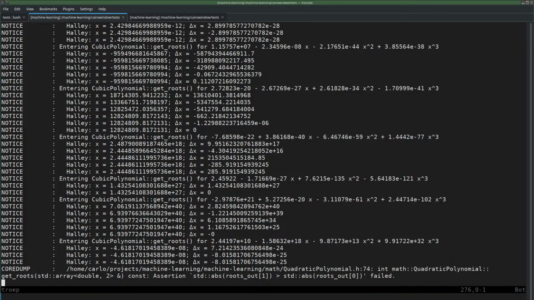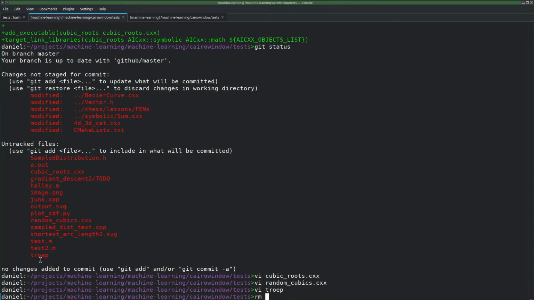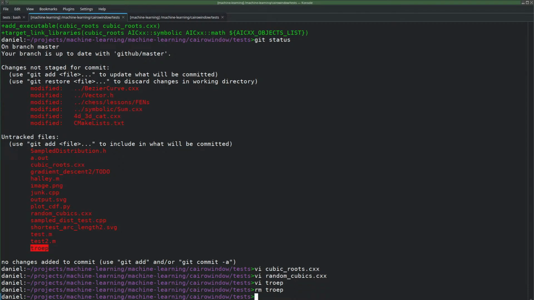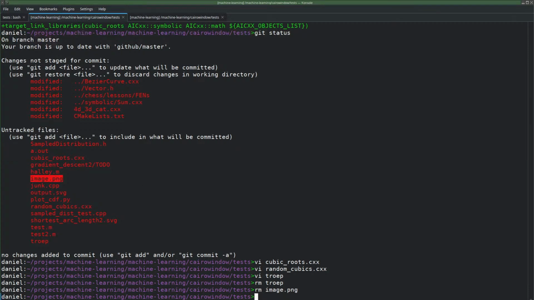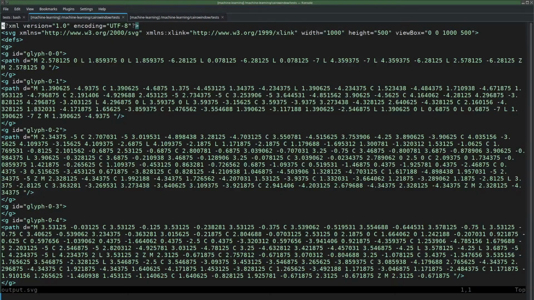That doesn't look like I want to commit it or even keep it. Image or PNG. Just remove it without looking at it. And output SVG is probably some test thingy or something. I don't know what it is. This is what it is.